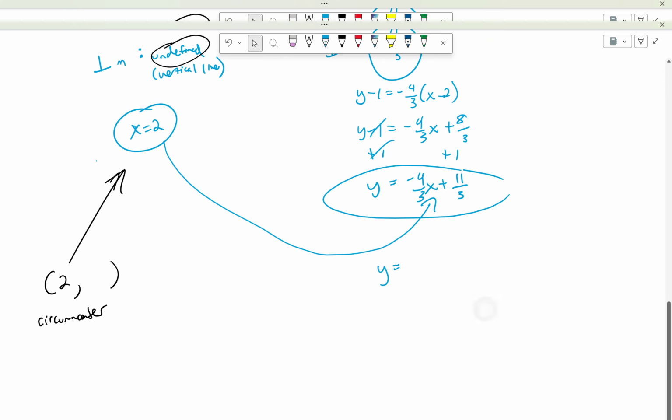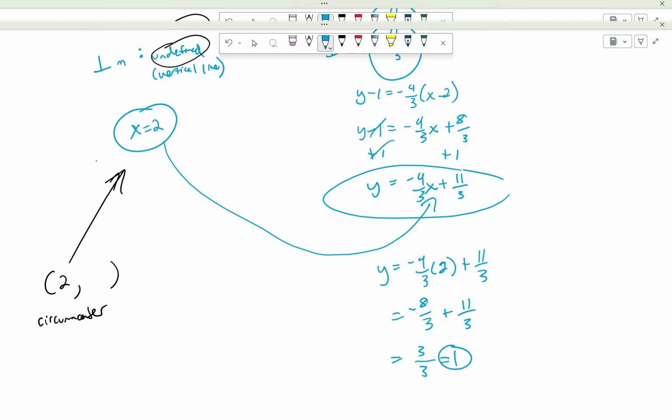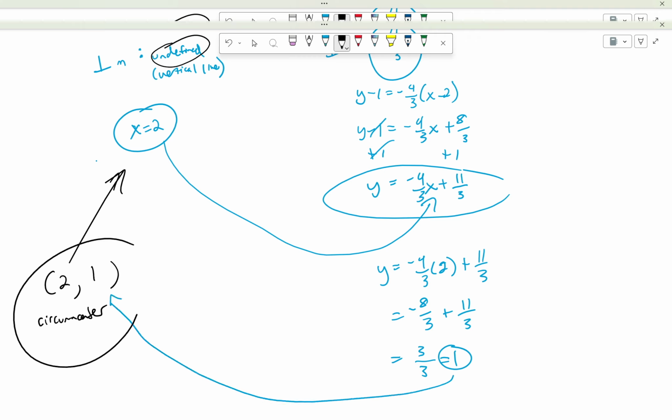So y is equal to negative 4 over 3 times 2 plus 11 over 3, which is going to be negative 8 over 3 plus 11 over 3, which is 3 over 3, which is equal to 1. All right, so that's my y value. Plug that guy in here. And here I have it, my circumcenter, which is 2 comma 1.